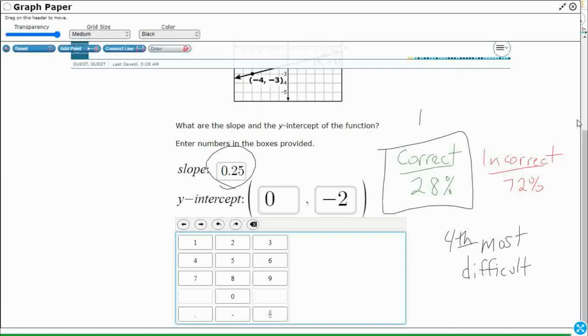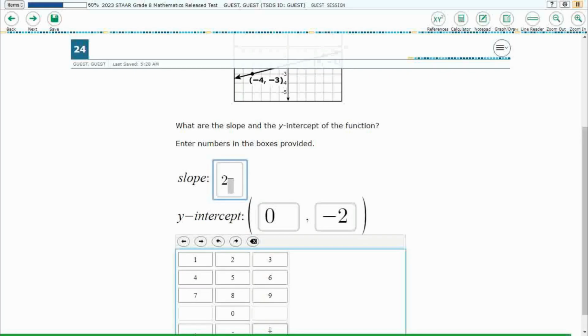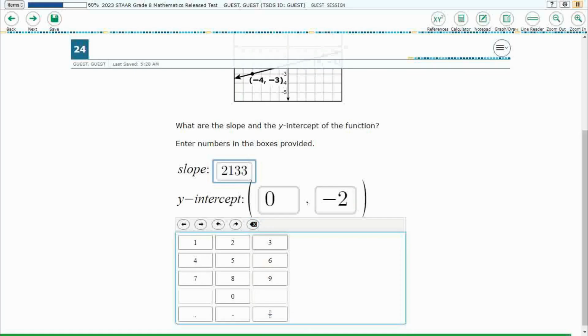You first had to hit this fraction button to get this to show up, then you had to hit the numerator, right? And then you had to hit the little gray box that's blinking down here in order to activate the denominator. If you didn't do that, if we just hit the 2 and then the fraction, then it looks like a mixed number. And then you got all kinds of problems because you can't make it look the way you want to. So you actually have to hit that fraction bar first.